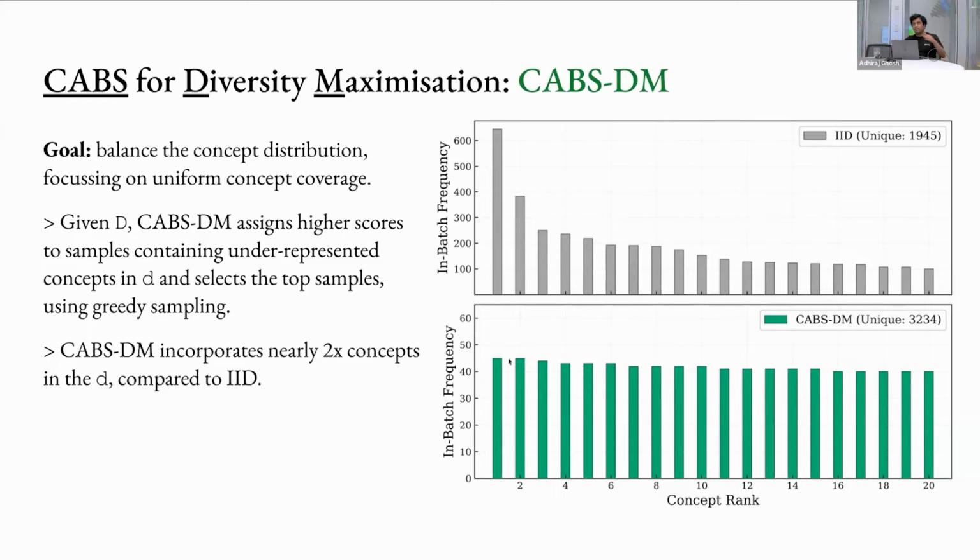We show that by flattening it out, we expose the batch to almost double the number of concepts compared to IID sampling. So, like I said before, the main task is to take more samples and filter them down to whatever ratio you want, and then train on that batch at a given time step for a CLIP or SigLIP model.